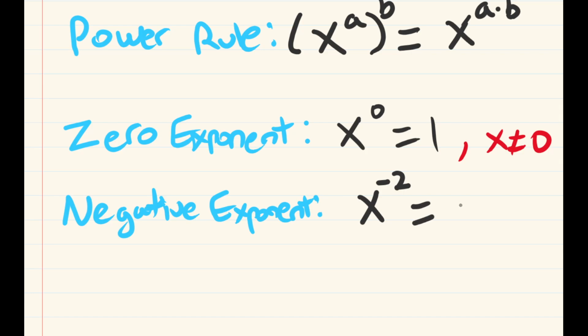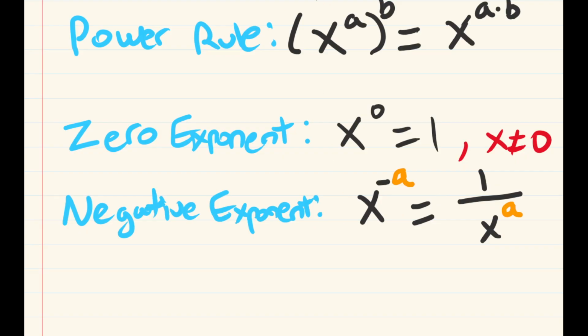Well, this is the same as 1 divided by x to the 2. So to write it more generally, let's say we had x to the power of negative a. This is simply 1 over x to the a. That is what a negative exponent is. It's 1 over x to the power of that exponent.